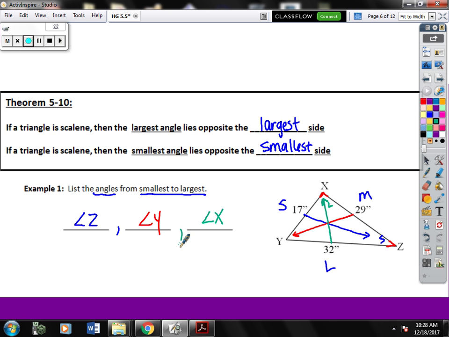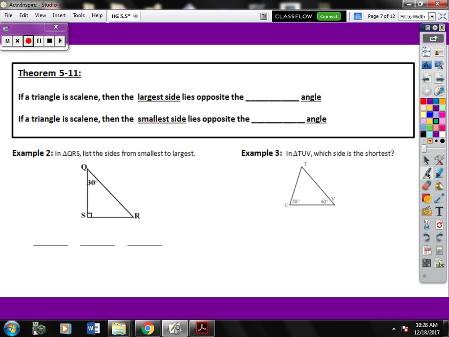Theorem 5-11 is kind of like the converse of the common sense theorem. It says that the largest side will lie opposite the largest angle, and the smallest side will lie opposite the smallest angle. So going in reverse, if you know the angles, you can also classify the sides as being smallest and largest. Now in this one, we have a 30 degree angle and a 90 degree angle. We don't know what angle R is, but we can find it. What would it be? 60, using triangle sum.